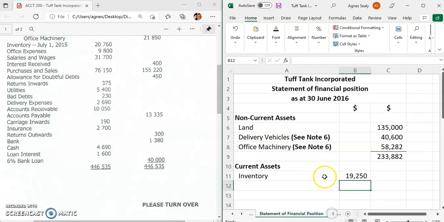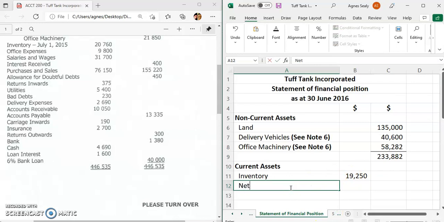So we go to the statement of financial position, and here we enter net accounts receivable of 9,648.